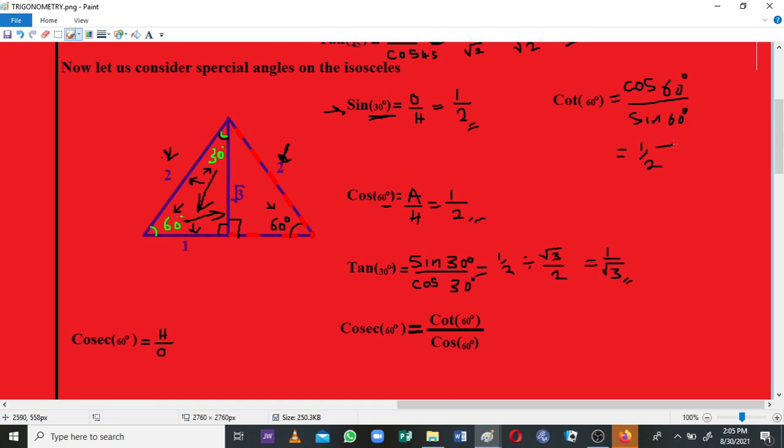Now we are dividing this by sine 60. Sine 60 degrees is equal to opposite over hypotenuse, which will give you the square root of 3 over 2, right? Now if you divide that, you are going to find the value of cot 60 degrees to be 1 over the square root of 3. Alright, so this is what we are getting.